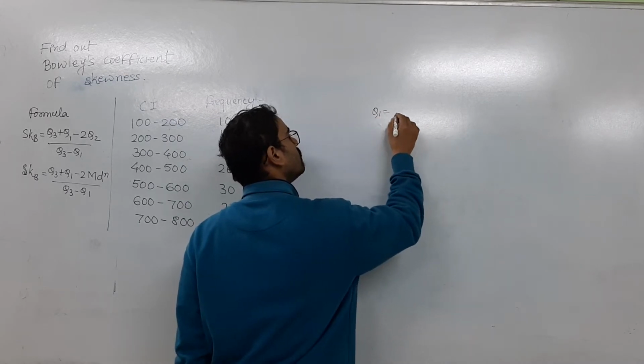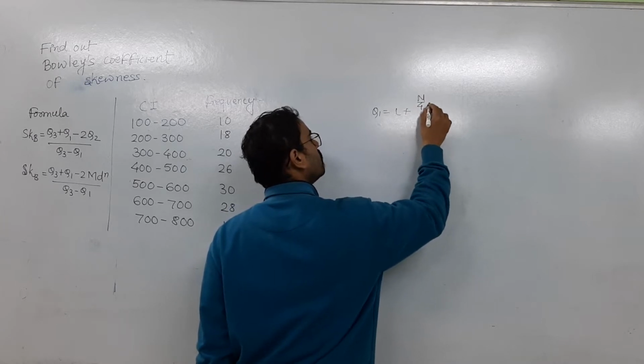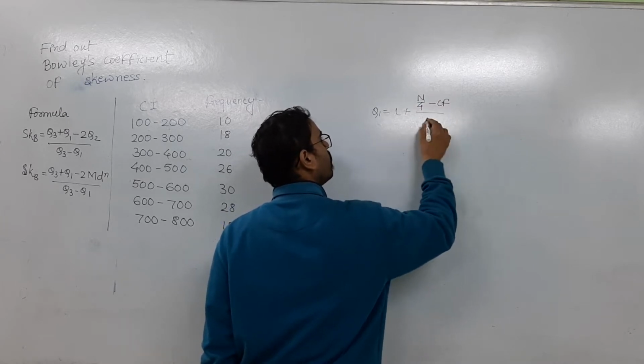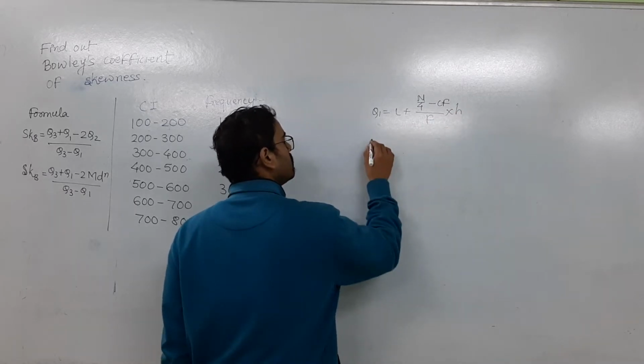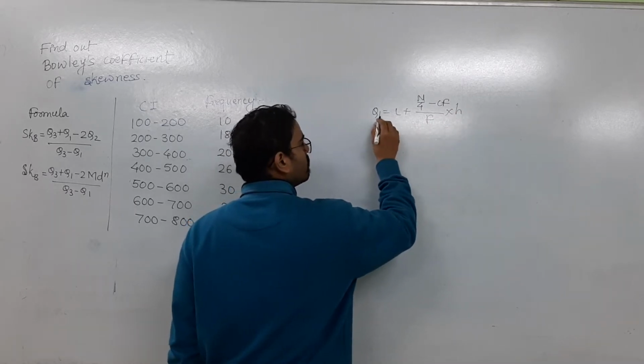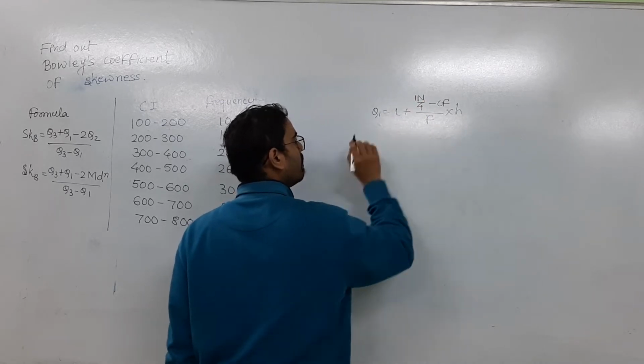Q1 formula is what? L plus (n by 4 minus Cf) upon F into H. In the similar way, for Q1 it is 1n divided by 4.